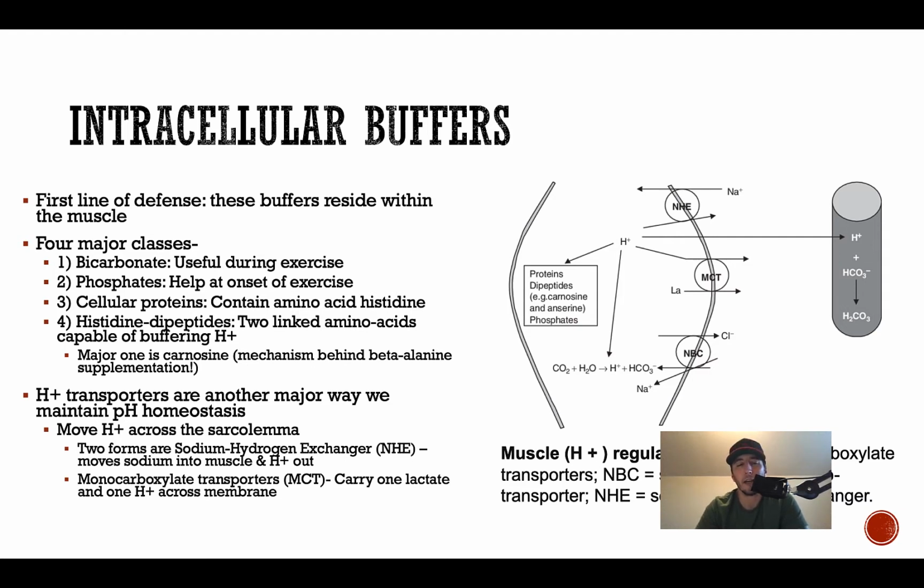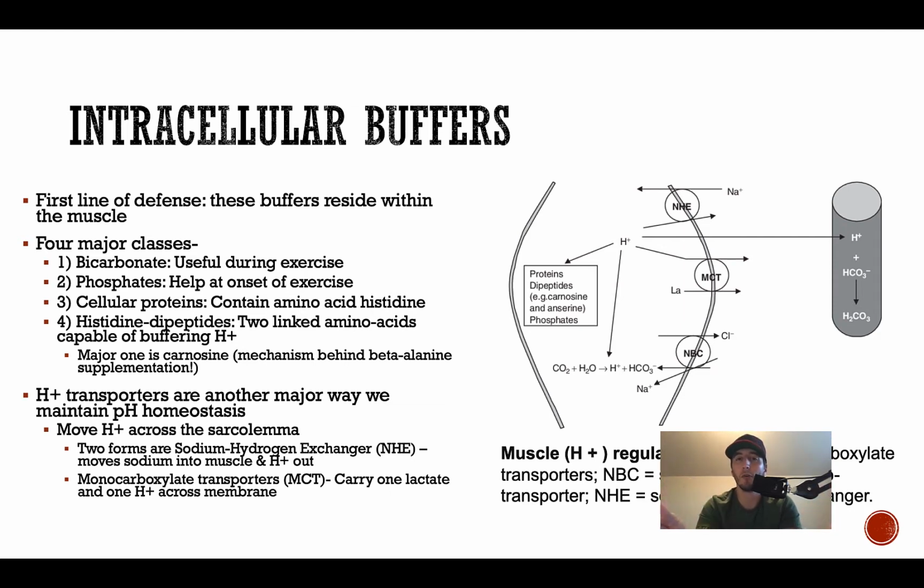There are 4 major classes here. We're going to have bicarbonate, phosphates, cellular proteins, and histidine dipeptides, which are essentially 2 linked amino acids that are capable of buffering hydrogen ions. The major one of these histidine dipeptides is going to be carnosine.